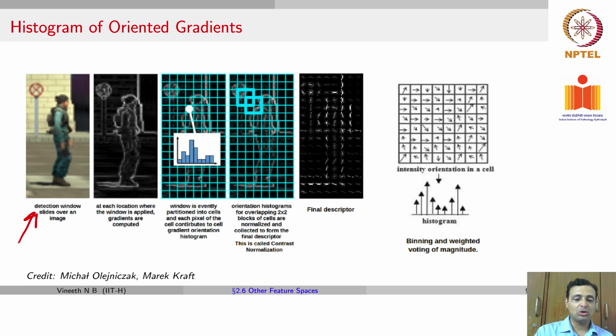So at each location where the window is applied, you compute gradients. Remember, computing gradients is simply an edge detector, whatever edge detector you want to choose. And then you divide the entire gradient image into a uniformly spaced grid. And then for every 2x2 block in this grid, you compute your orientations of the gradients.